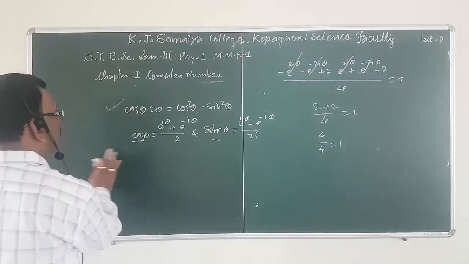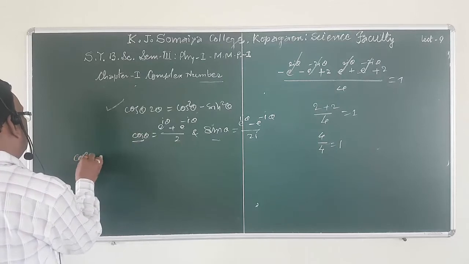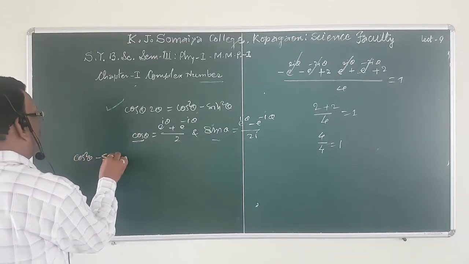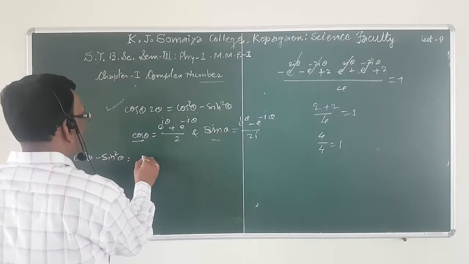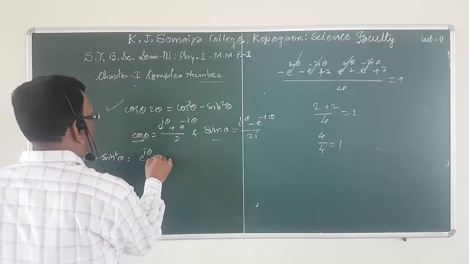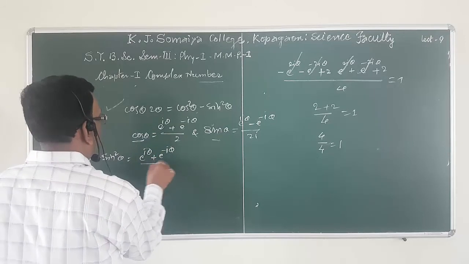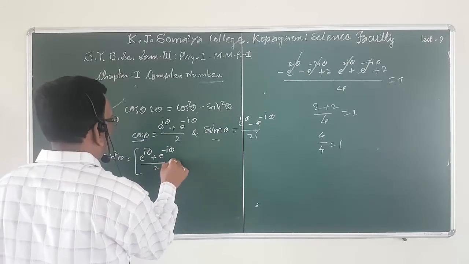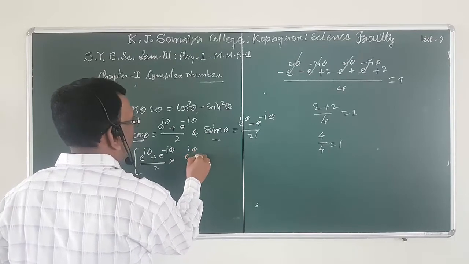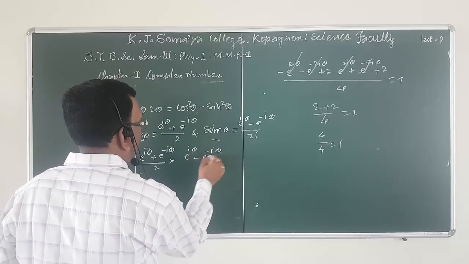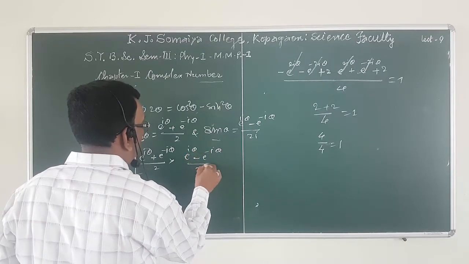We have cos square theta minus sin square theta is equal to e raised to I theta plus e raised to minus I theta upon 2, squared, minus e raised to I theta minus e raised to minus I theta upon 2I, squared.